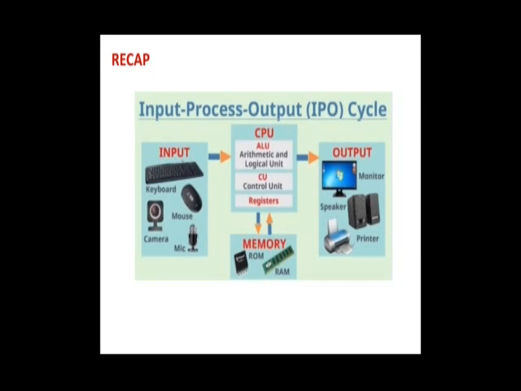Yes, so children, this chapter is complete now. I hope you all are aware of all technical terms that we have discussed in this, and now you are clearly aware of this cycle, that is IPO, and all terms related to this.